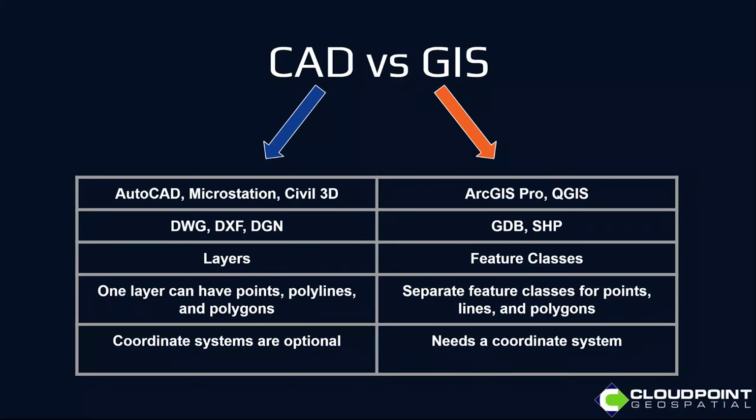In GIS, that's not really going to work because we need to tie our data to a real point on the Earth. The way we do that is with coordinate systems. So we're going to talk about how you can use and define coordinate systems to get from CAD to GIS, and I'll go into how we do that in a minute.